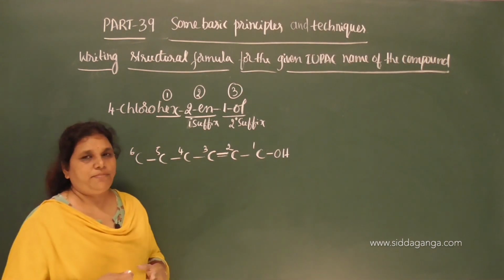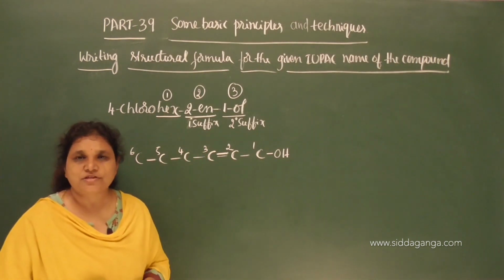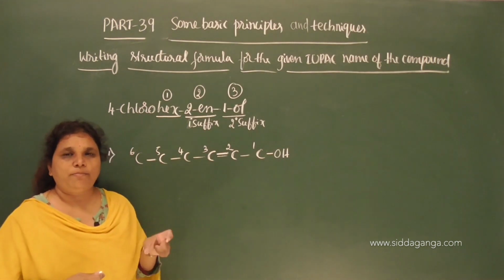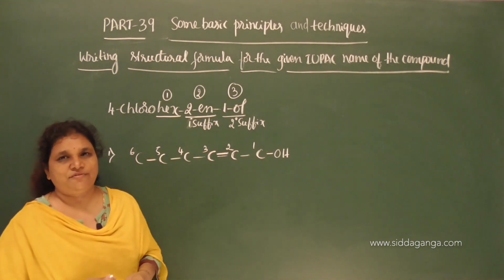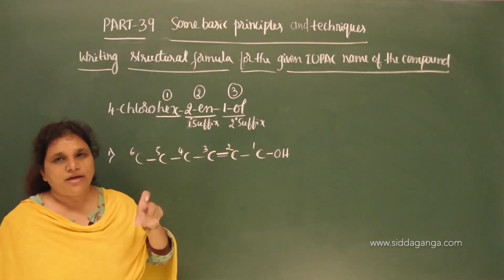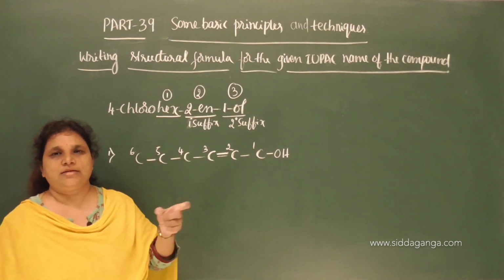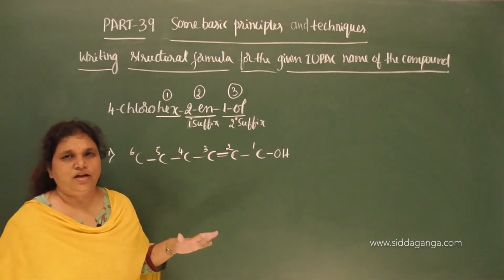And the third step is, on the basis of secondary suffix, identify the functional group and place the functional group on a proper carbon atom based on the locant before the secondary suffix, and if it is a carbon containing functional group, convert the same carbon as a functional group.